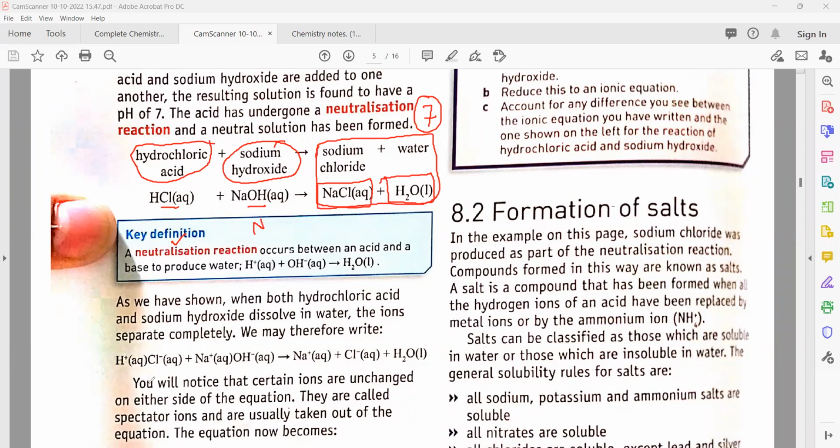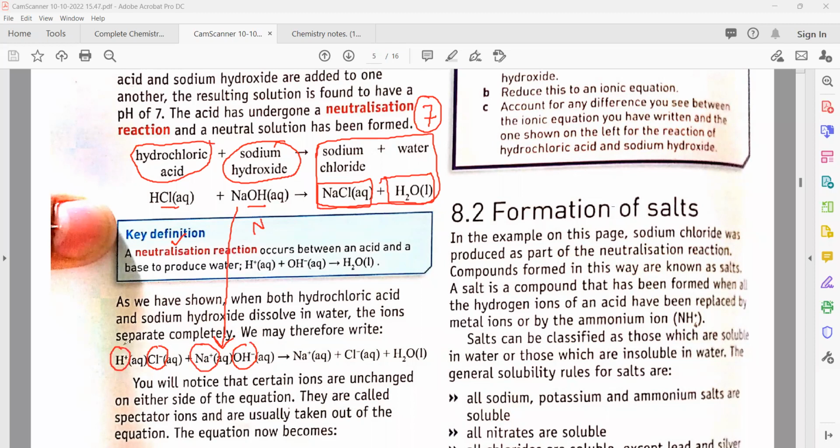Hope you understand. As we have shown, when both hydrochloric acid and sodium hydroxide dissolve in water, the ions separate completely. We may therefore write like this. These are the ions from HCl, H positive and Cl chloride negative ions. From sodium hydroxide, you can see Na positive and OH negative.